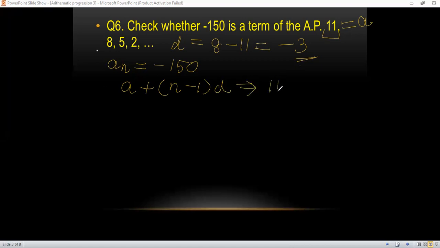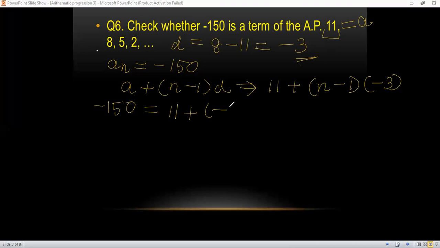That is, minus 150 is equal to 11 plus (n minus 1) times minus 3.